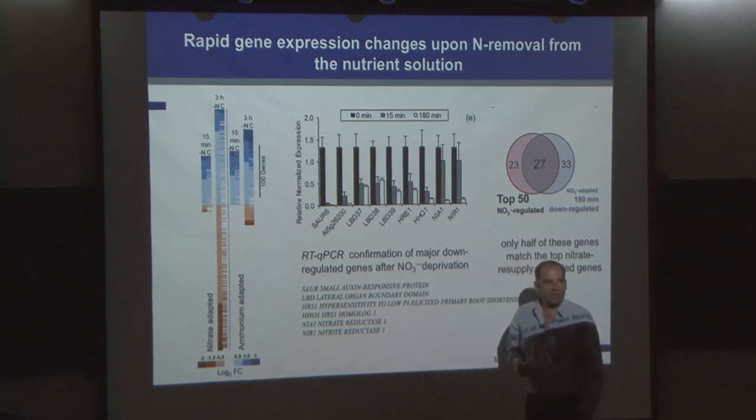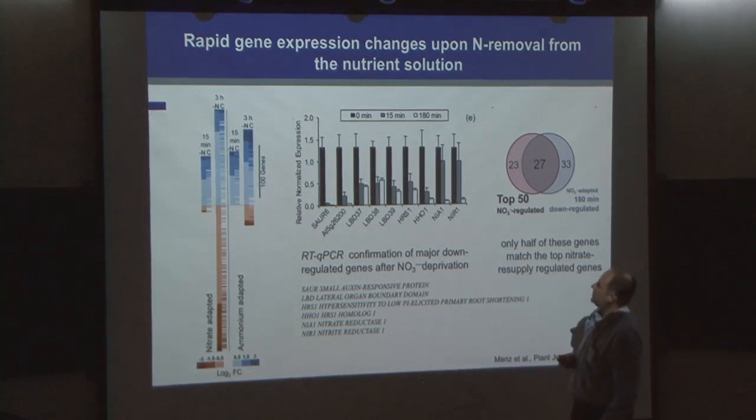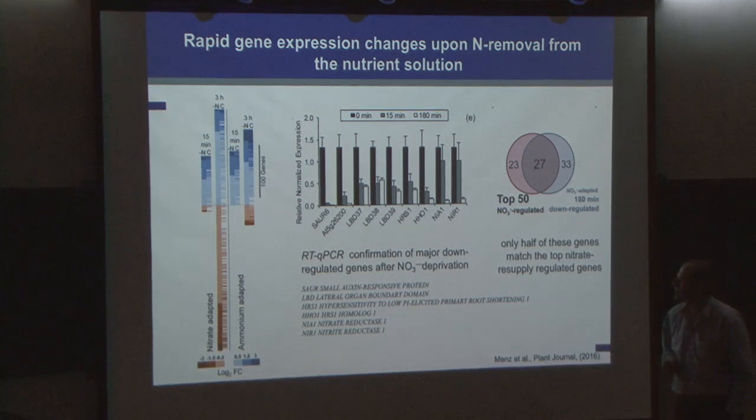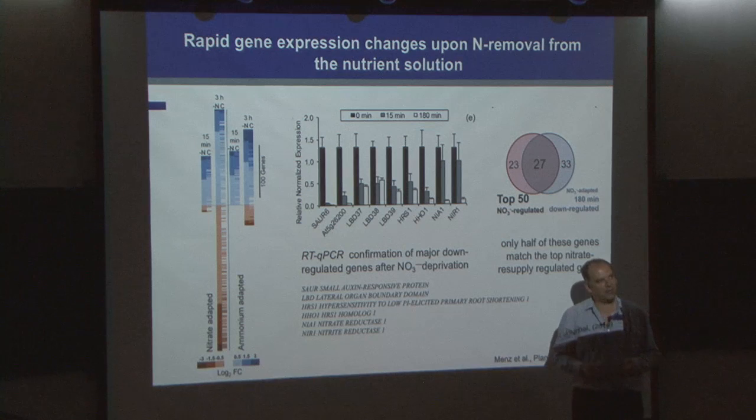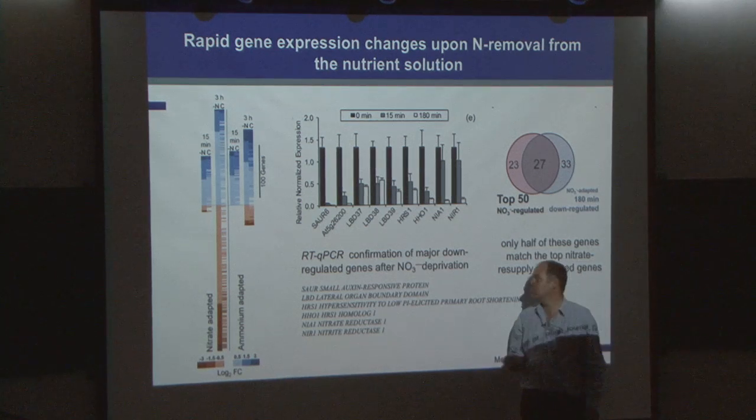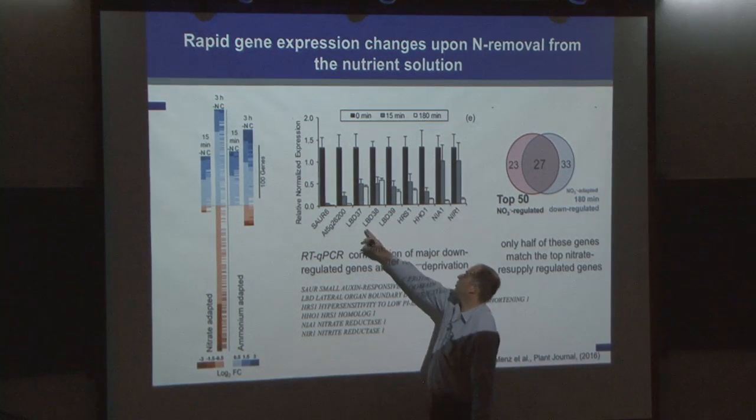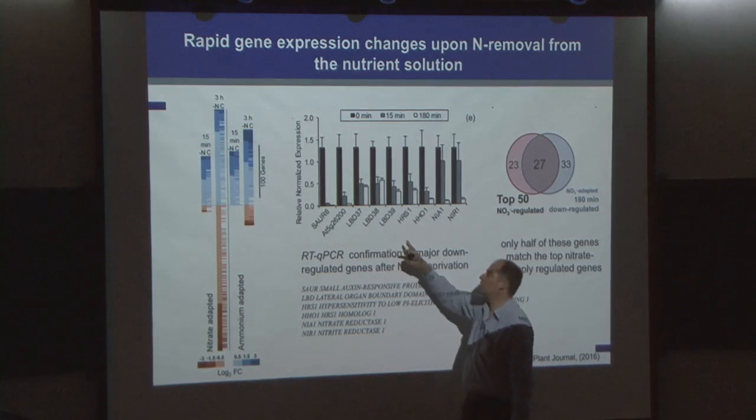lateral boundary domain transcription factor number 37, 38, 39. All three had been described as transcription factors regulating the nitrate resupply response. So that makes sense that we find this. And all these transcription factors are transcriptionally going down.